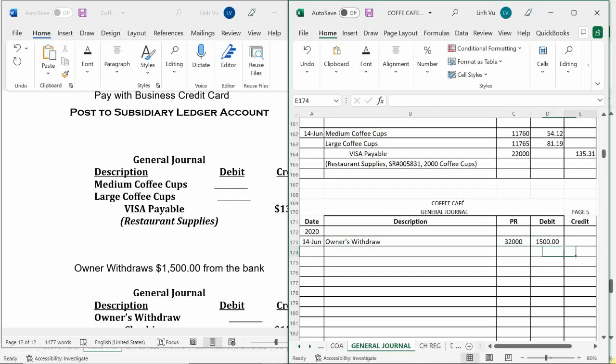For 1,500. Now, why am I debiting my owner's withdrawal? What does an owner's withdrawal do? Does it increase or decrease equity?